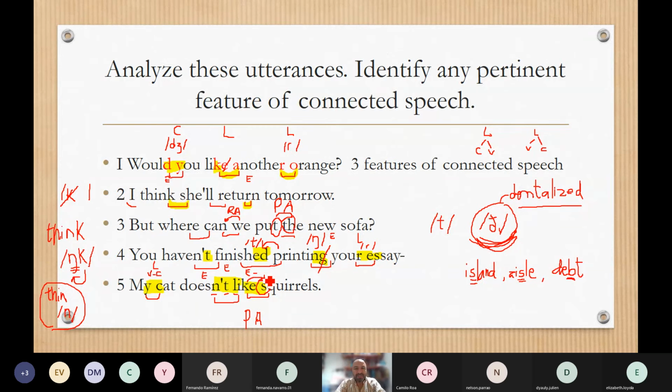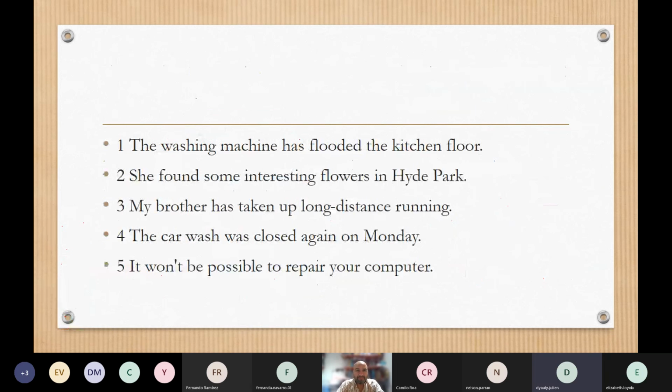Ladies and gentlemen, I beg your pardon for taking so long. If you're interested in practicing these features of connected speech, I leave for you a task. If you're interested, we can review your answers next class. I posted an image in the chat box.